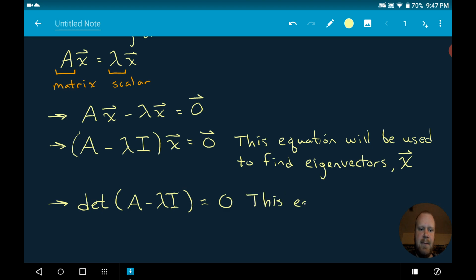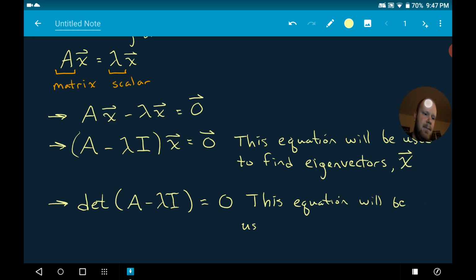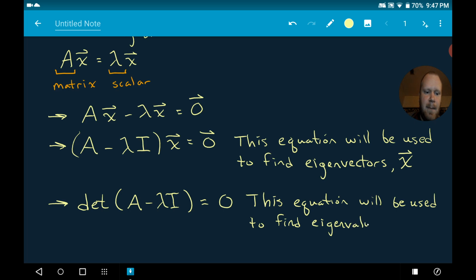So this equation will be used to find the eigenvalue, which we're denoting with the Greek letter lambda.